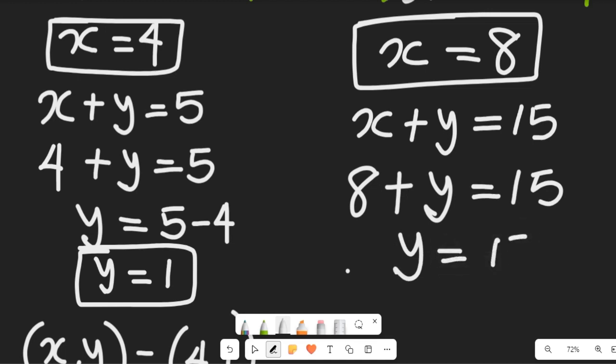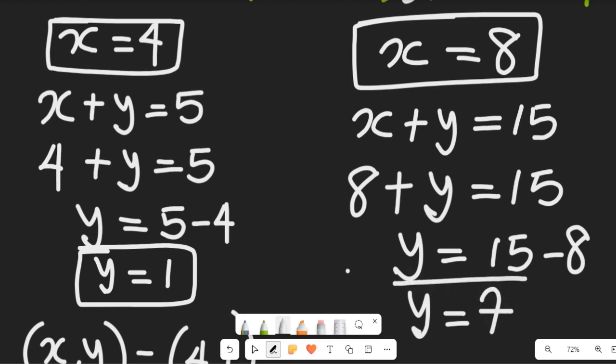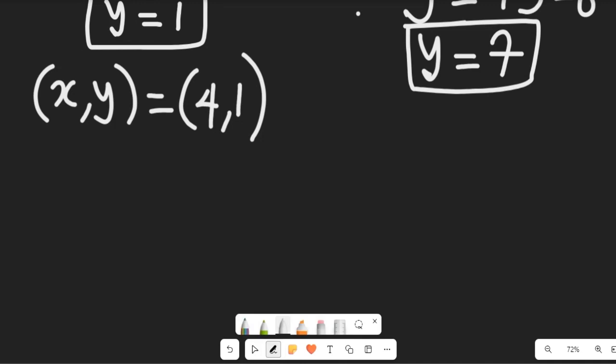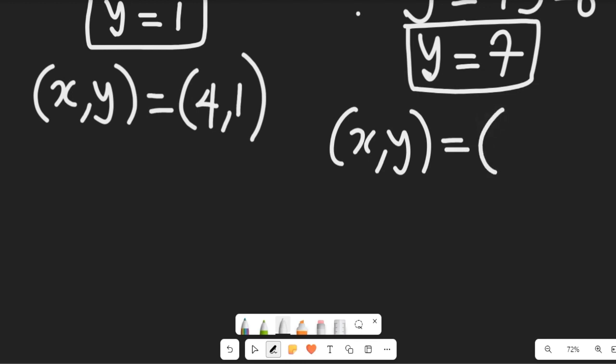So this will give us 15 minus 8, and our y will be equal to 7. So the value of x and y is 8 and 7 respectively. So we're going to have x, y equal to 8 and 7 respectively.